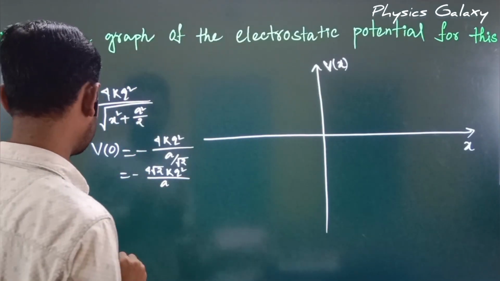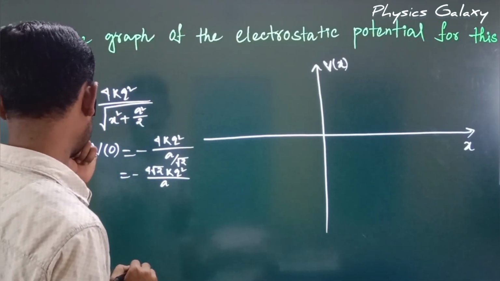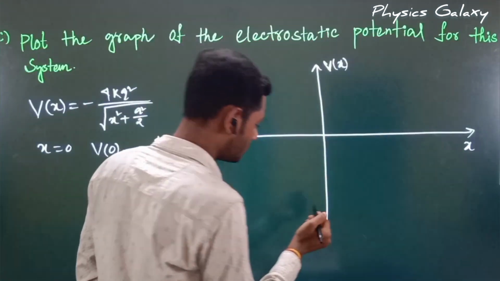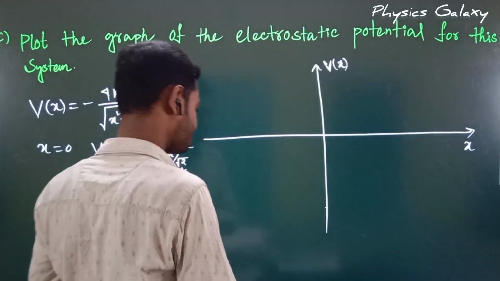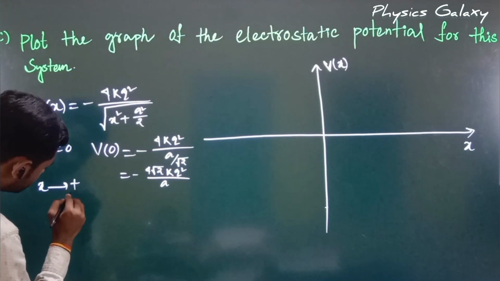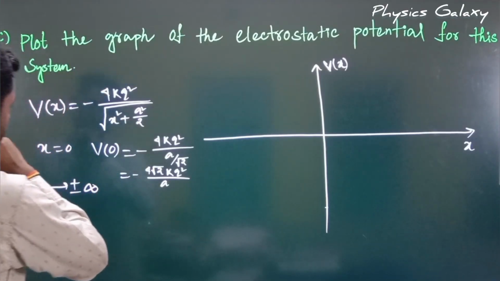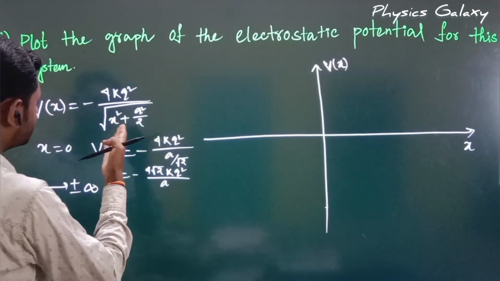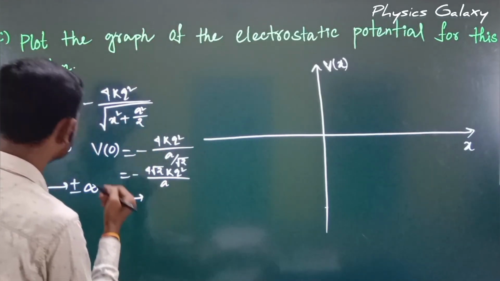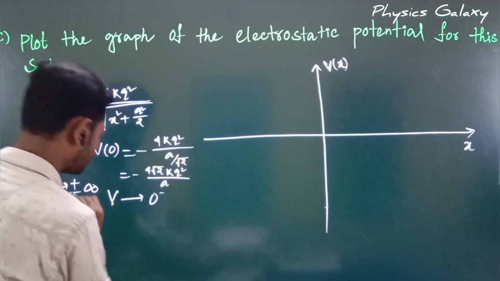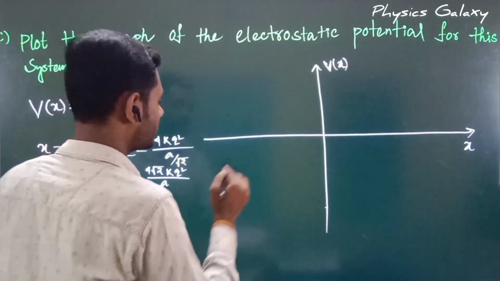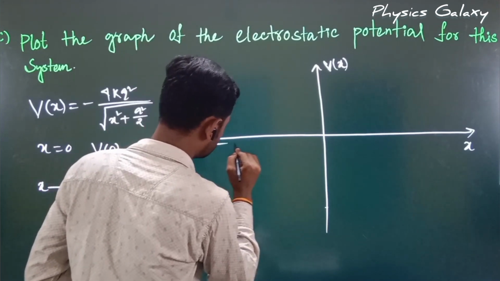So we get that at x equal to 0, it has some negative value. Now when x tends to plus or minus infinity, the denominator goes to infinity and the potential goes to 0, but from the negative side. I think the graph of this type of potential is something like this.